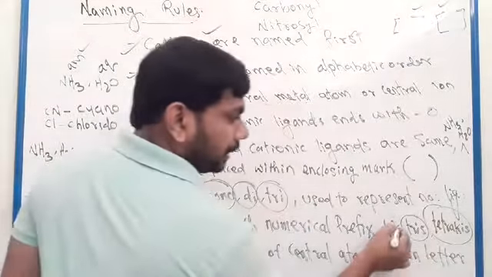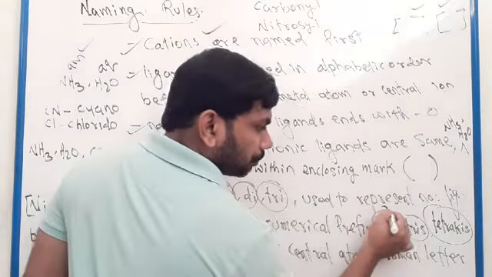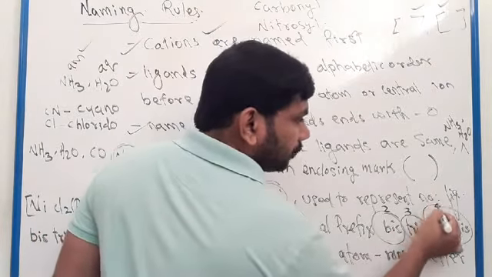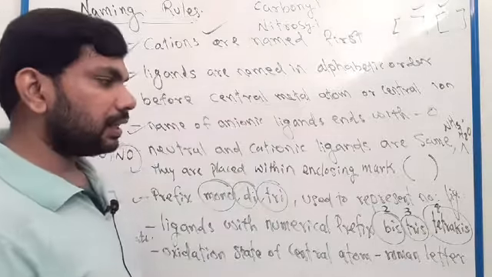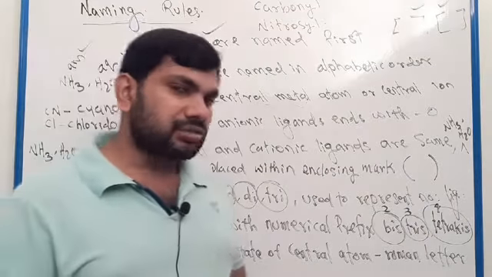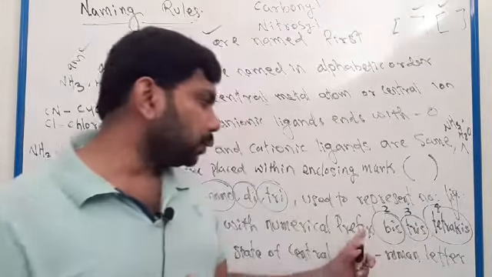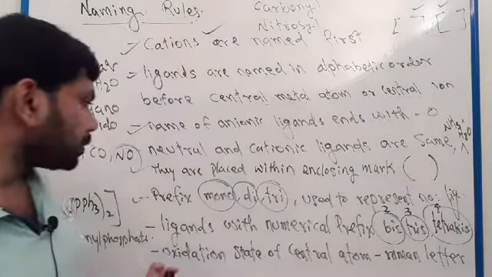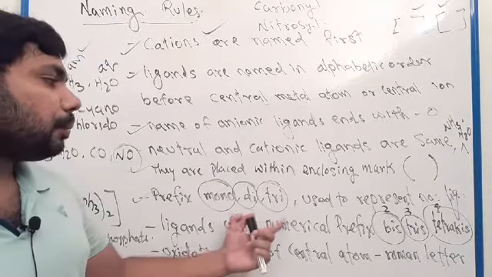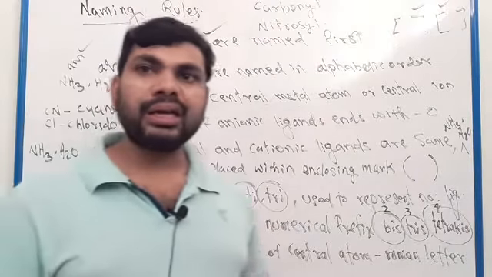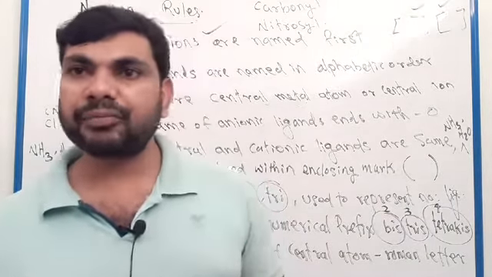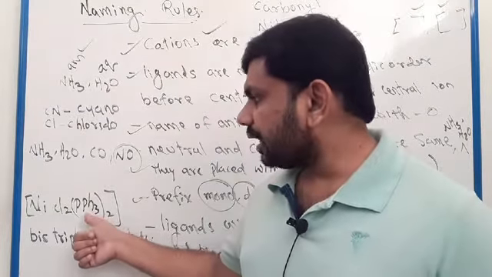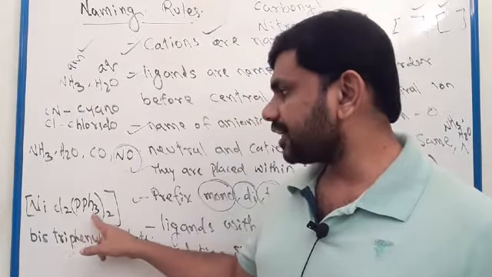Okay, bis means 2, tris means 3, tetrakis means 4. This type of prefix we will use for ligands with a numerical prefix. Example, see here, triphenylphosphine, PPh3.